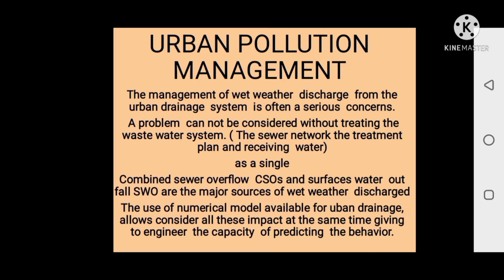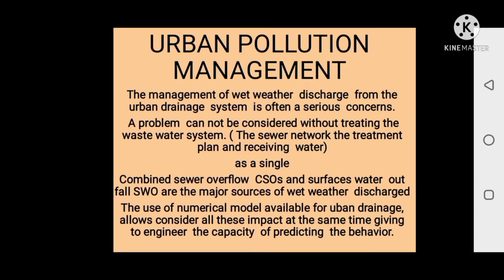So we have, for example here, combined sewer overflows and surface water outfalls, which are the major sources of wastewater discharge. Once the contribution of these polluting sources has been identified and the flow regime in the receiving body is known, it is possible to establish the polluting impact of the discharge to the watercourse.